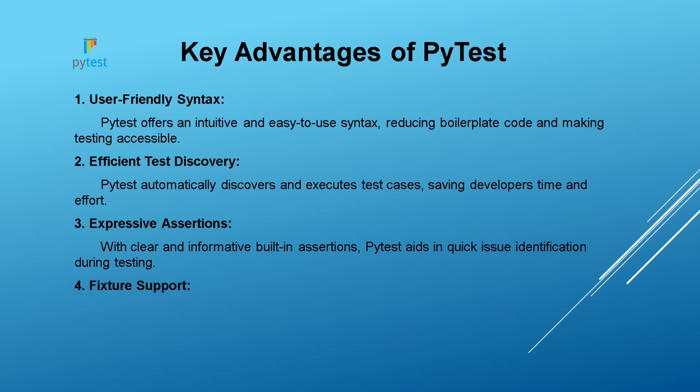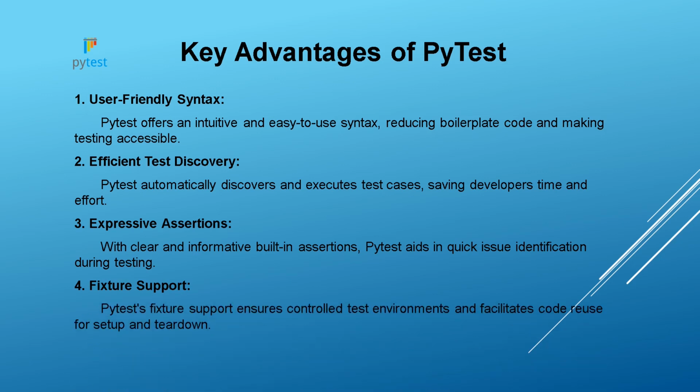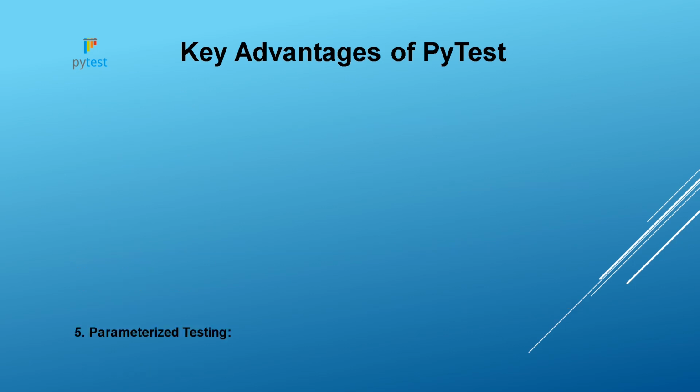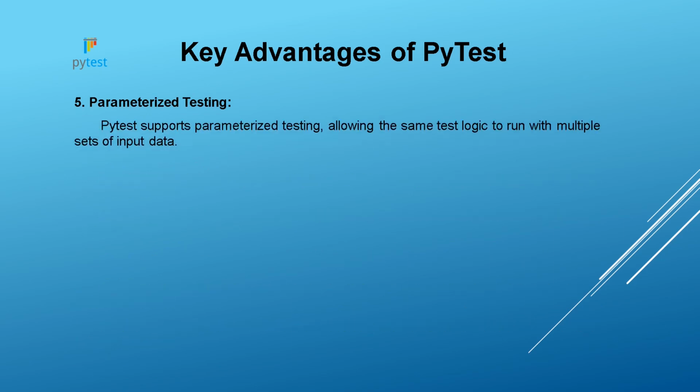4. Fixture support. Pytest's fixture support ensures controlled test environments and facilitates code reuse for setup and teardown. 5. Parametrized testing. Pytest supports parametrized testing, allowing the same test logic to run with multiple sets of input data. 6.